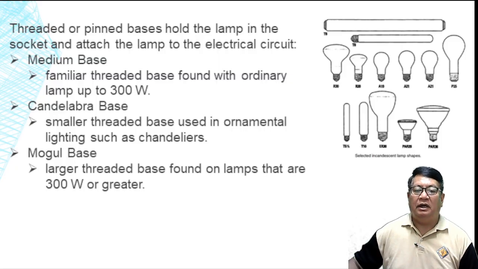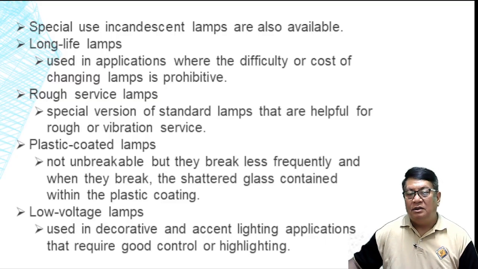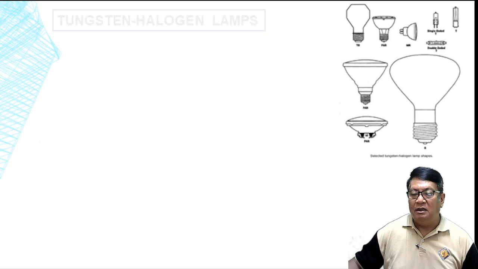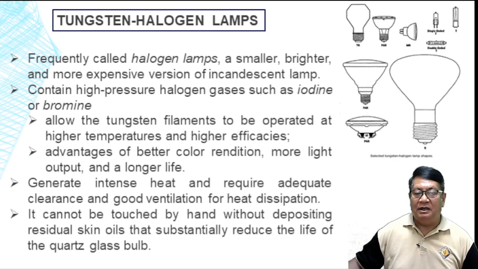We have the medium base, the candelabra base, and the mogul base. So we have these different types of bases of this incandescent lamp. Special use incandescent lamps are also available: long life lamps, rough service lamps, plastic coated lamps, and low voltage lamps. So we have all those types of incandescent bulbs.